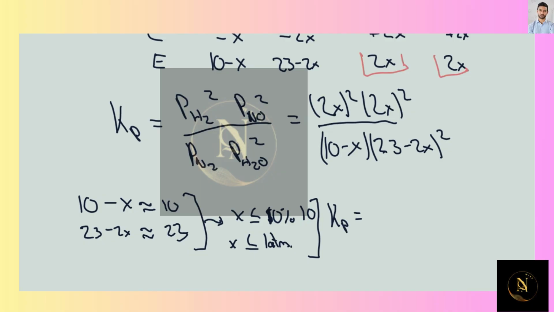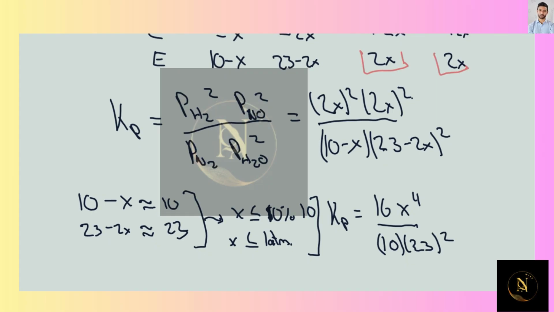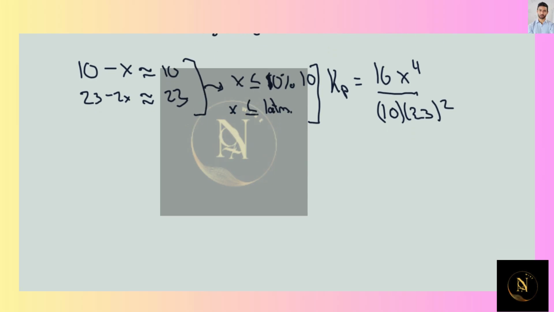So with this, our value for Kp now becomes 2x squared, 4, 2x squared, 4 as well, 4 times 4, 16, times x to the 4, divided by 10 times 23 squared. Solving for x, we get that x to the 4 is going to be equal to 10 times 23 squared times Kp divided by 16.